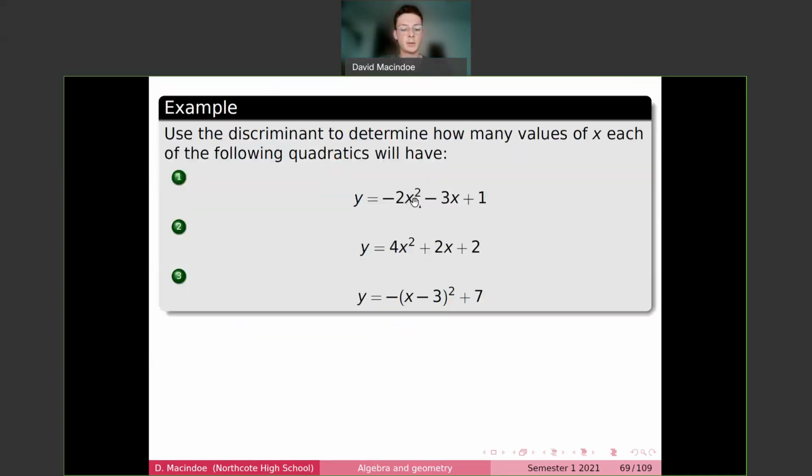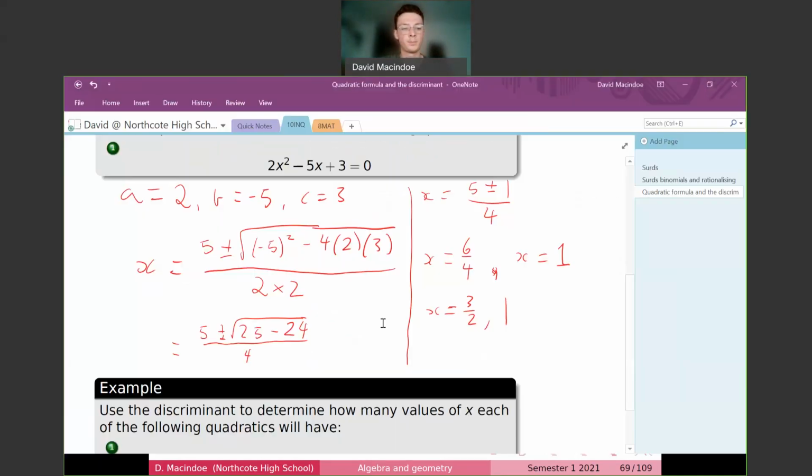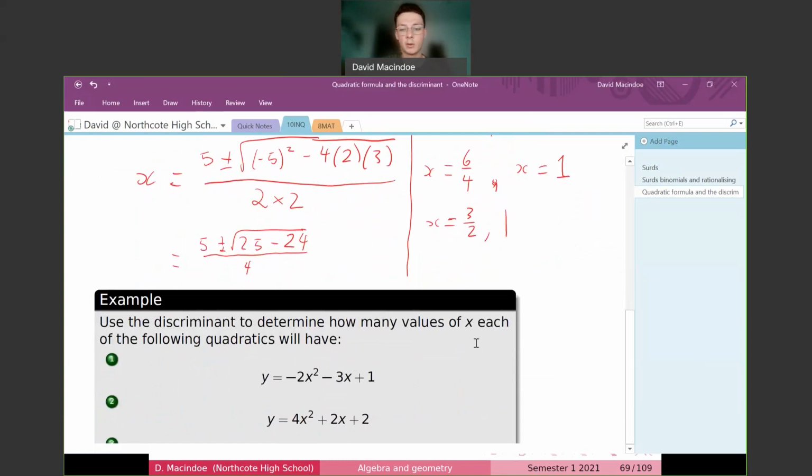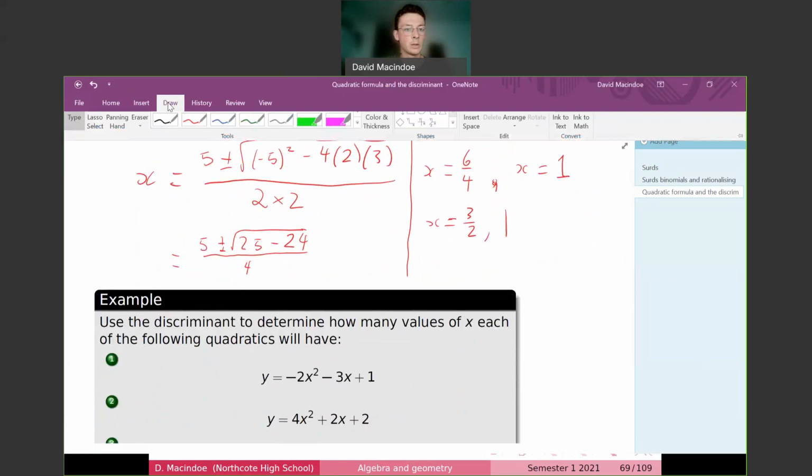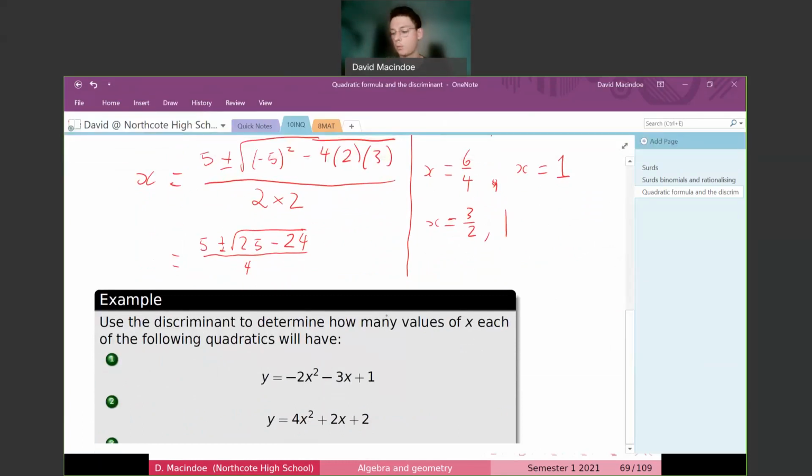Let's have a go at some practice ones, just using the discriminant. Now we actually don't need the whole quadratic formula, we just need that bit. We use delta, which, as the name suggests, is the Greek letter for d, for the discriminant: b squared take 4ac.